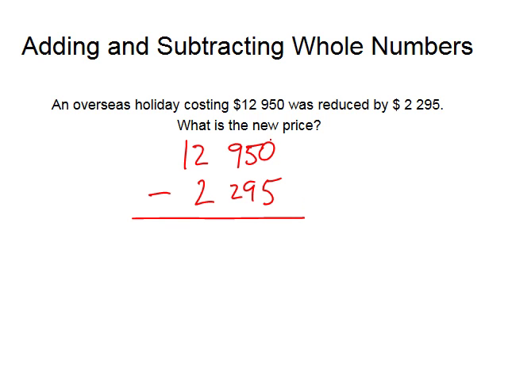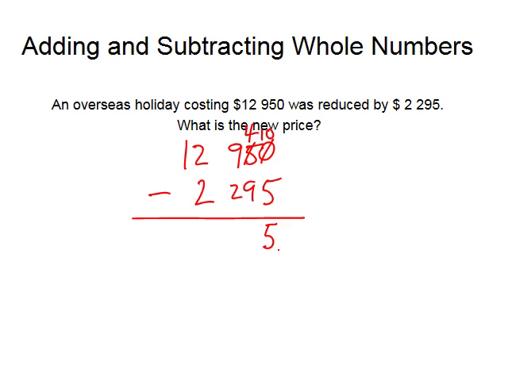Okay, 0 take 5 we can't do, so we'll go and trade from the next place. That will mean 4 will be left there. We'll pay back 10. There were no others there, so it is just 10. 10 take 5 is 5.